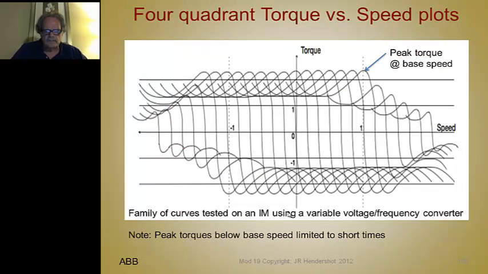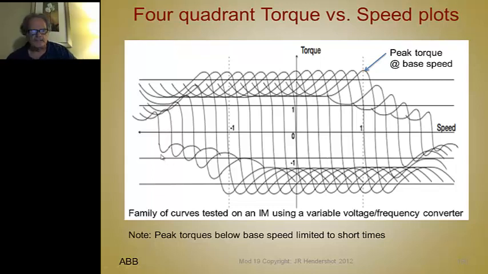Now here's a full 4-quadrant plot of a bunch of different torque speed curves. This is a whole family of torque speed curves that have been plotted. These could be measured, except there'd be a thermal problem to measure them. So this data, I believe, was taken by calculating this family of torque speed curves, and then plotting them all on one graph so you can study and understand the envelope of what the capability of the machine is.